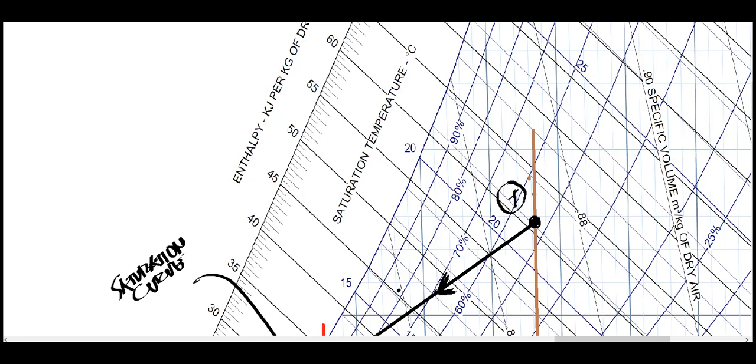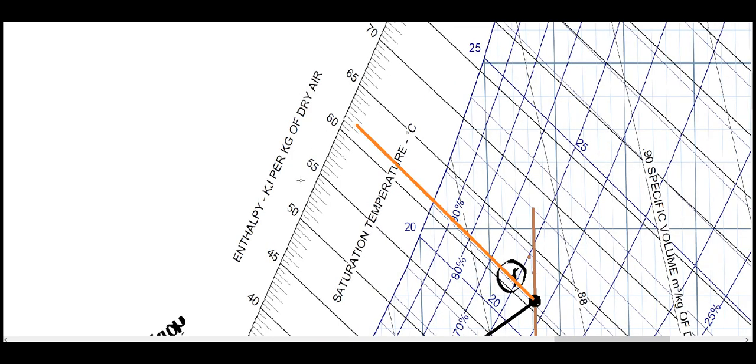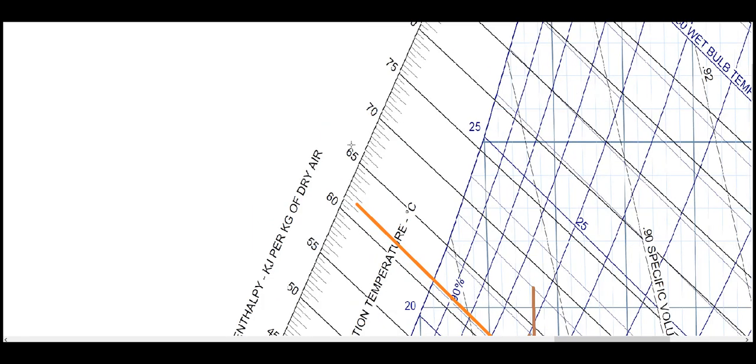At point 1, let's draw the straight line here so we can determine the value of your enthalpy. Okay, so we have around 61.5.